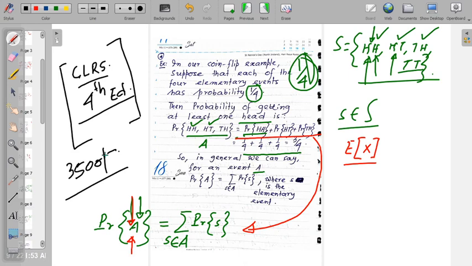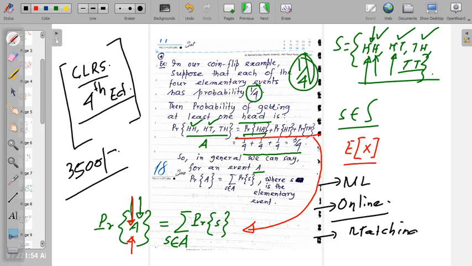They have included three or four chapters: one is machine learning, one is online algorithms, and one is matching. These are three modern day applications. Many of the algorithms we are designing are online in nature.